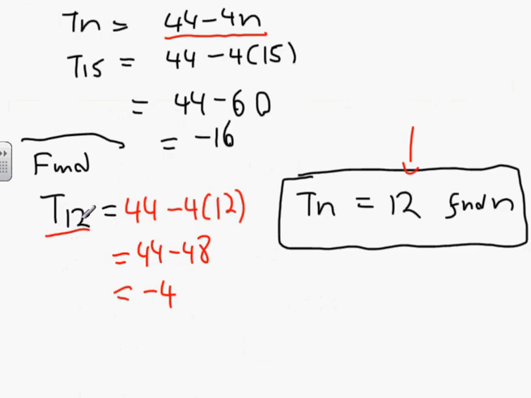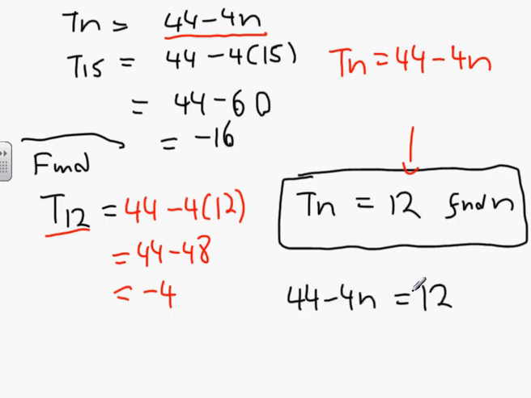Now there's another way of doing Tn equals 12. Everybody see my formula for Tn? 44 minus 4n. Everybody see that? And the question specifically tells me Tn equals 12. So what I can do is this. 44 minus 4n equals 12. Move the 44 over the other side.